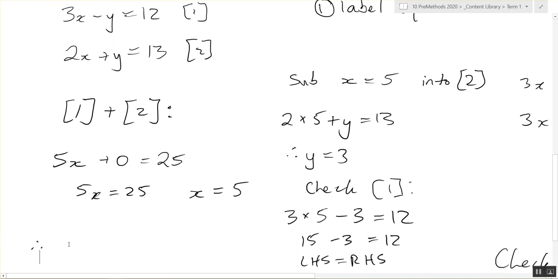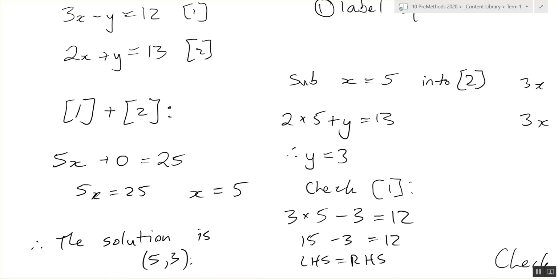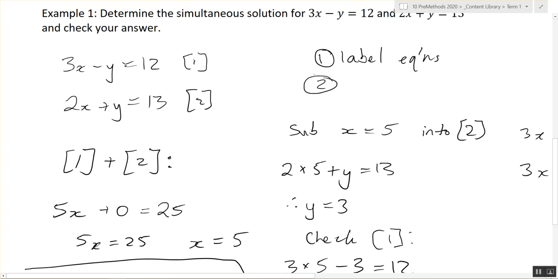Therefore, the solution is 5, 3. Yes, you have to put that. I don't mind if you also write it like the solution is x equals 5, y equals 3. That's also fine.